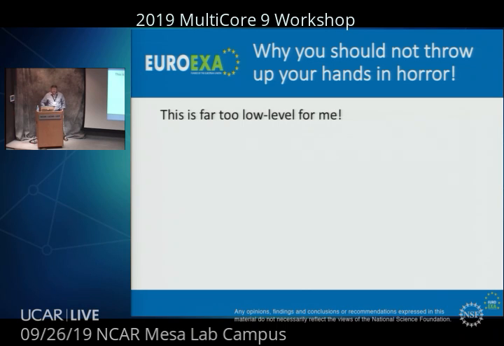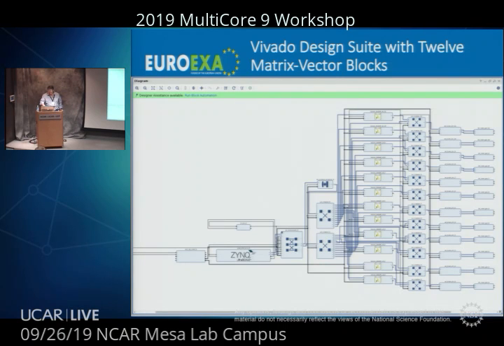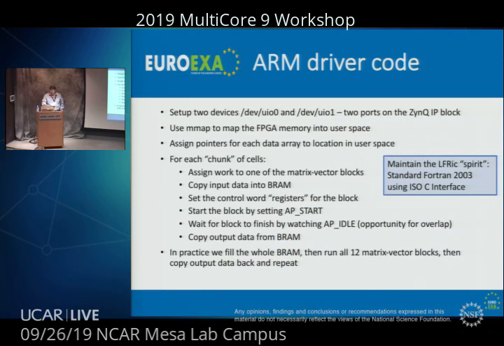I can see most programmers would throw their hands up in horror and say this is far too low level for me. I don't want to be bothered about data paths here and addresses and setting and interrogating bits and that kind of thing.